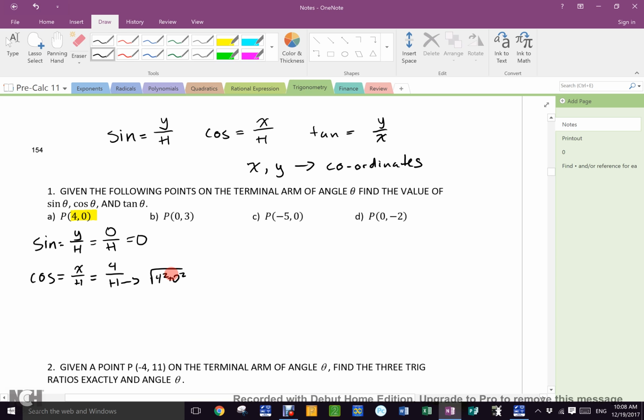What's the square root of 16? 4. So cos is what? 4 over 4, 1. What's tan? Tan is y over x. 0 over 4, which gives me 0. Is everybody cool?